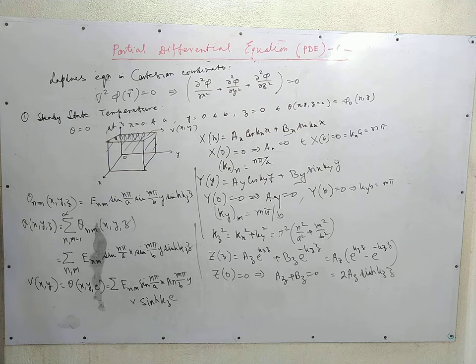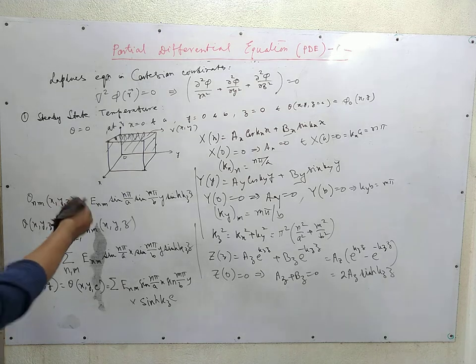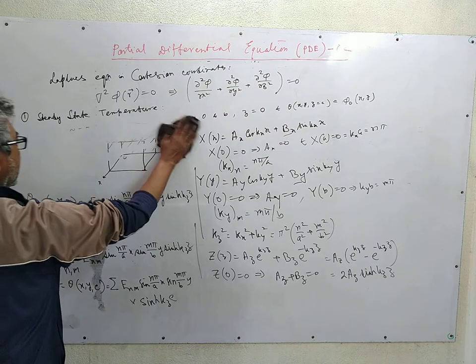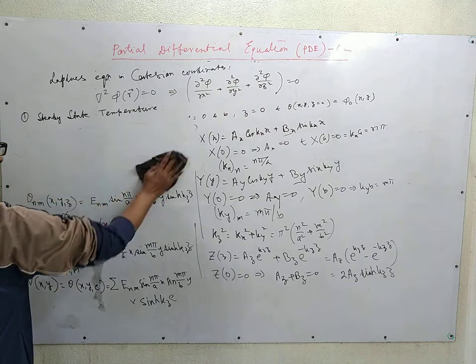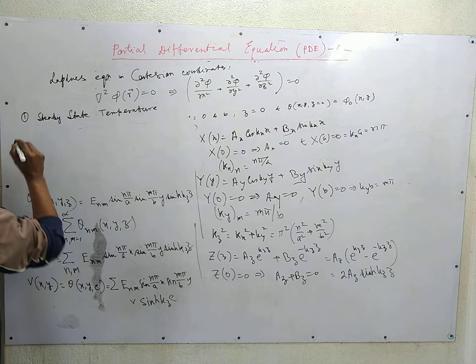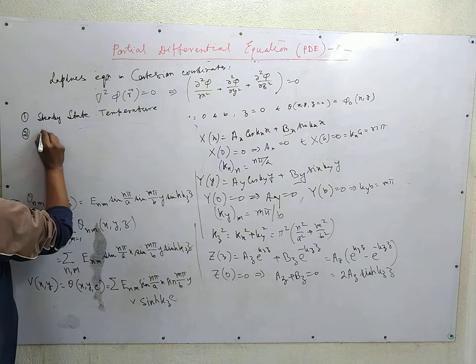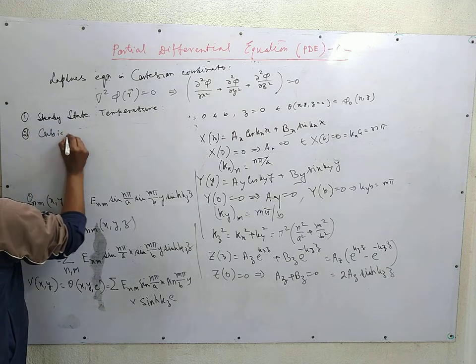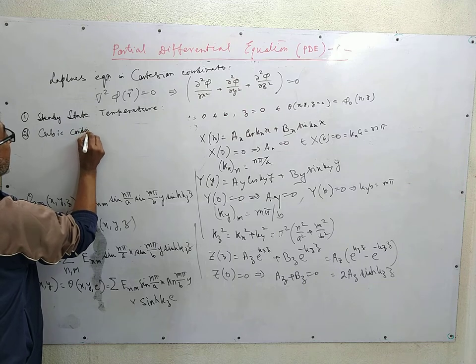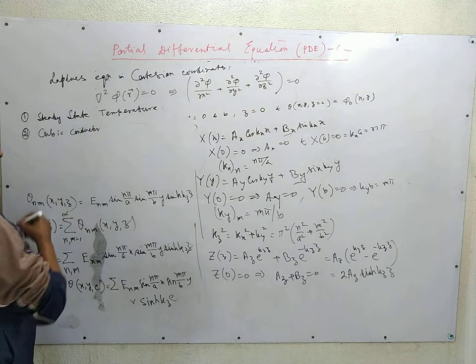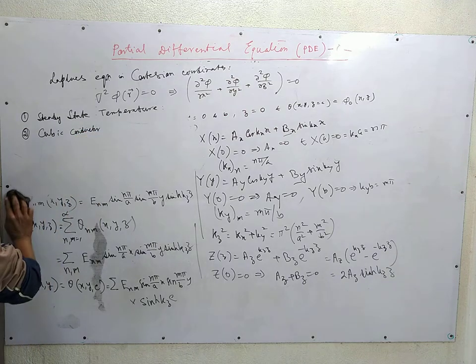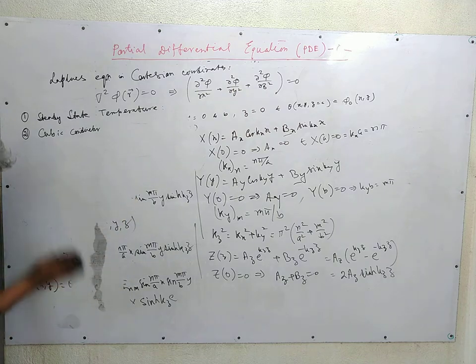And for the second example, we consider a conductor in the form of a cube, a cubic conductor. We know that the conductor surface is an equipotential surface.